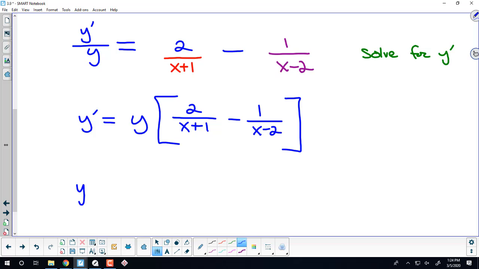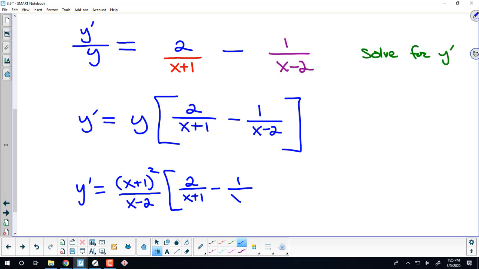In other words, y prime is (x plus 1) squared over x minus 2 times this quantity, 2 over x plus 1 minus 1 over x minus 2. So that's our answer.